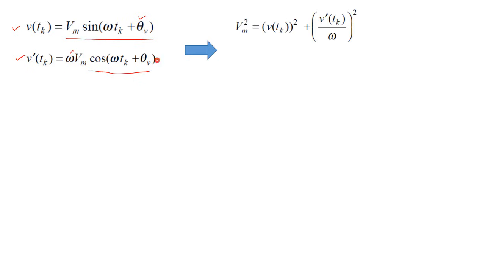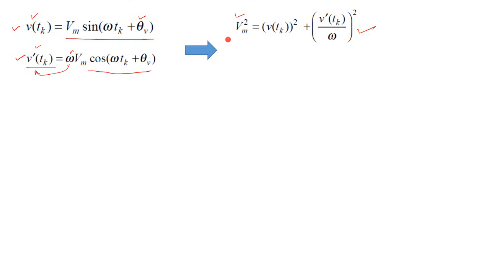Now if I square these two terms, that is v(tk) square plus v dash tk square, taking omega to the other side so that v dash tk is divided by omega, and taking the square of both sides, I get Vm square equal to v(tk) square plus v dash tk by omega, whole square.